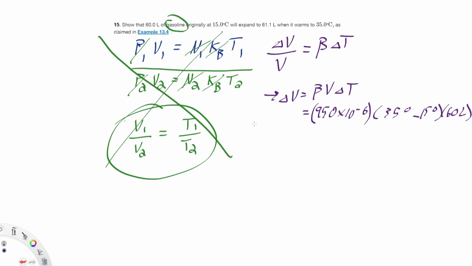Would we change delta V to, just to make it easier, final V minus initial V? Because it's asking to show that. Yeah, I think this would be easier. I mean, we could have added it to the initial value, but our final volume is going to be all of this thing plus 60.